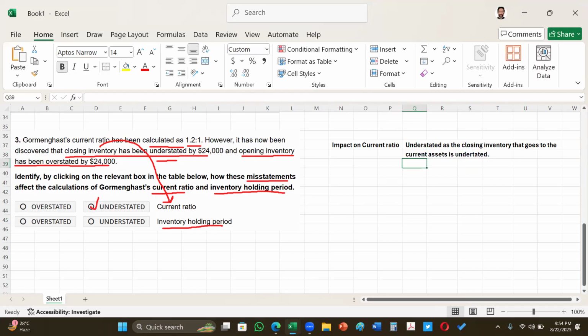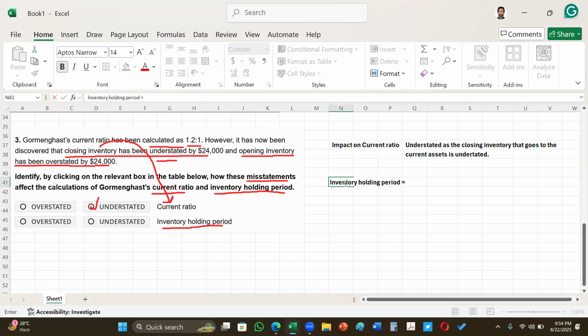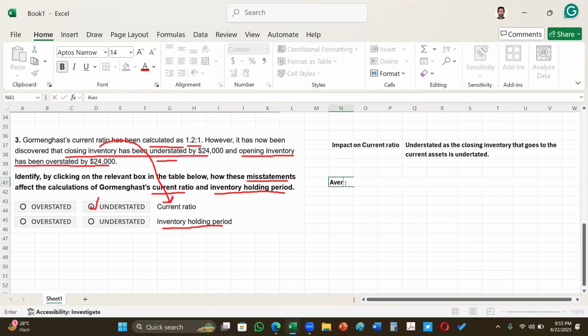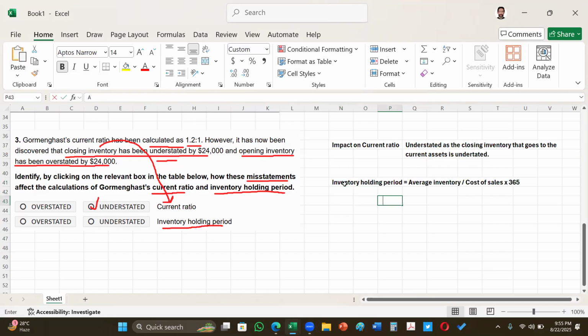The next issue is related to your inventory holding period. So if you look at the formula for the inventory holding period, what is the formula? That is the average inventory divided by your cost of sales multiplied by 365. So now, as I say, the average inventory will be unaffected.